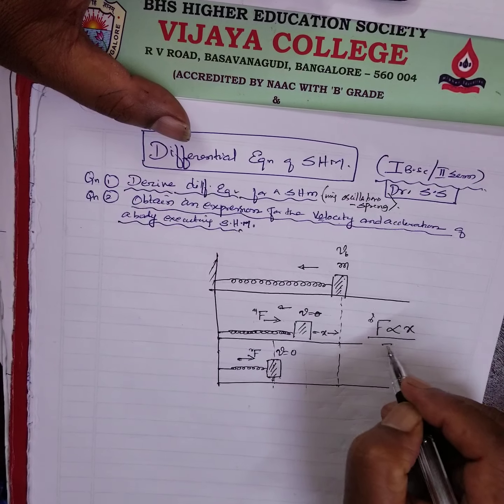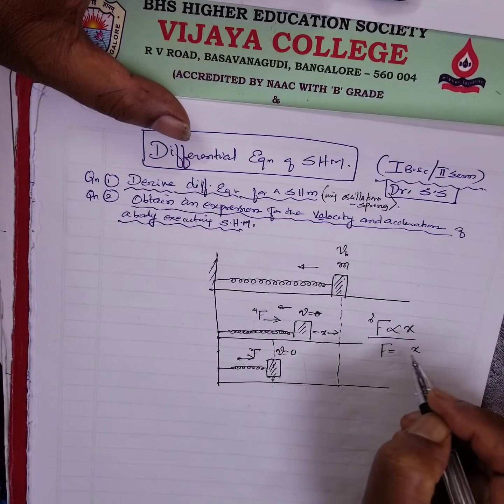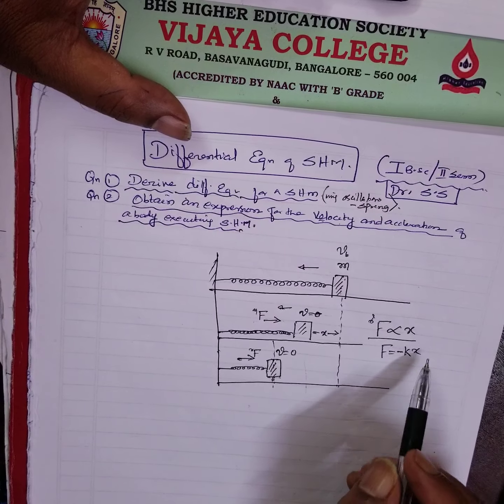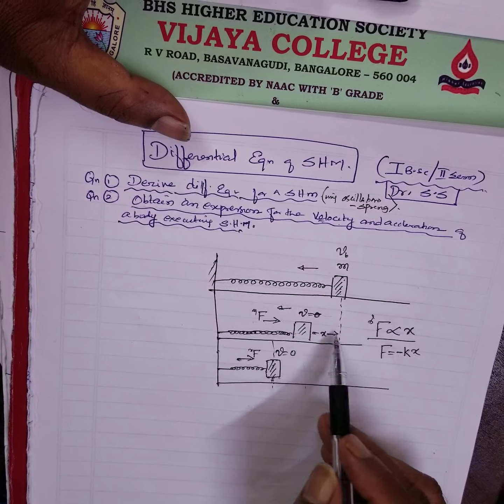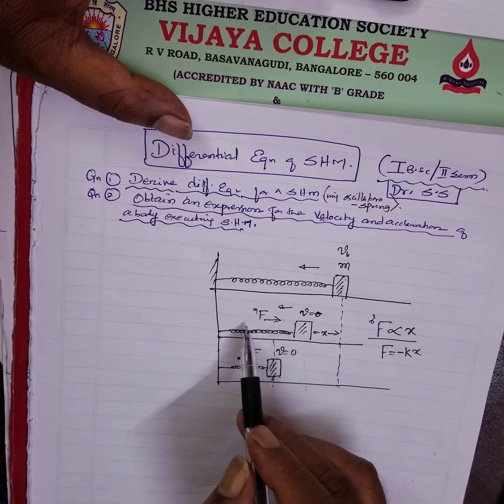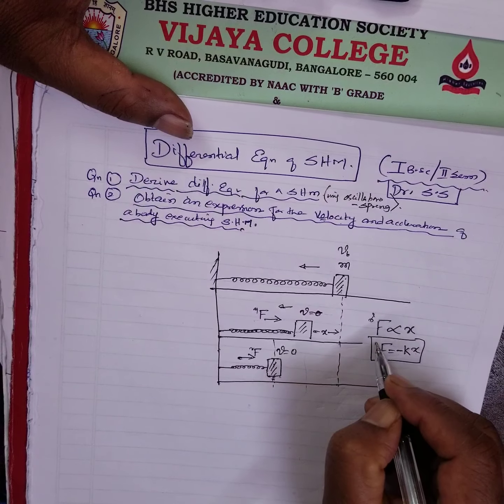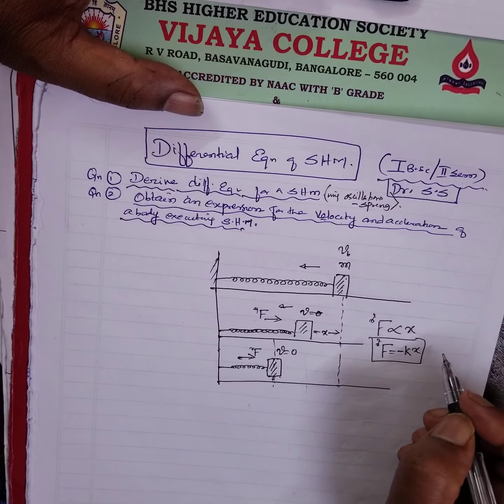Here I will write F is equal to minus kx, where k is some constant. I put a negative sign, which means the force is opposite to the displacement. This is called the restoring force.